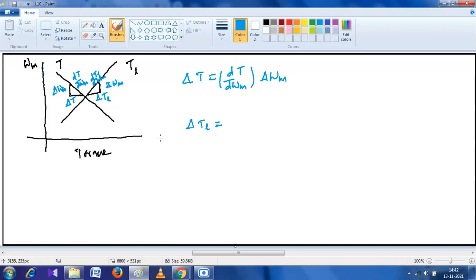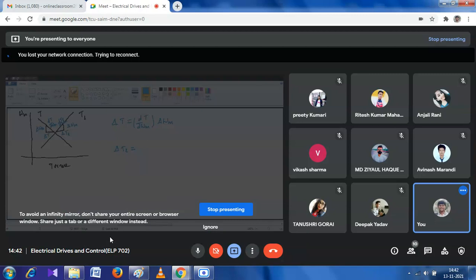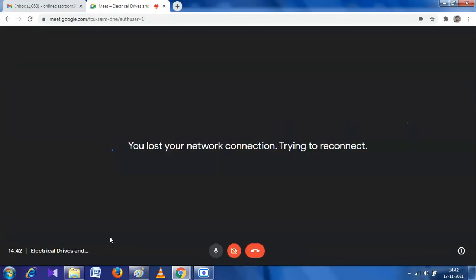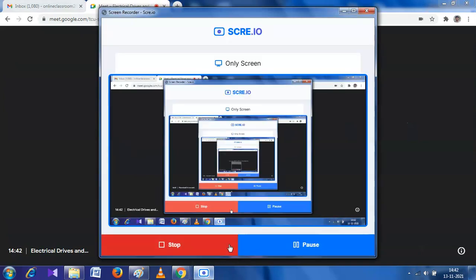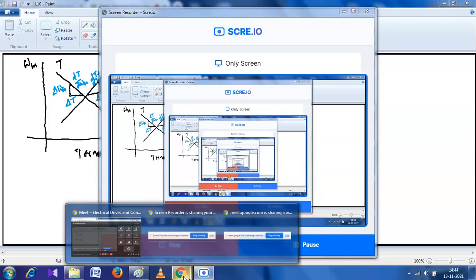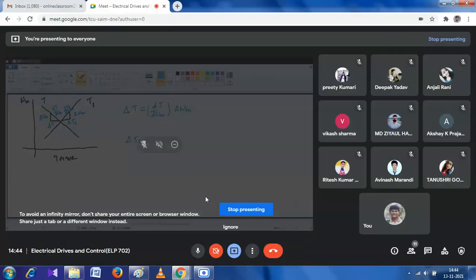In case of small perturbation, when we consider the small perturbation, we can say the curves are like a straight line.